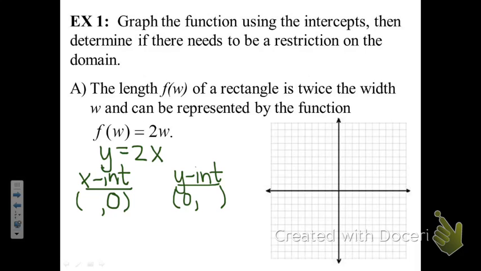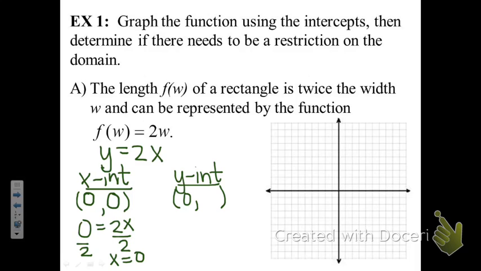So to start with the x-intercept, we're going to replace the y value with 0 and then solve this equation for x. To solve this equation, we divide by 2, and 0 divided by anything gives us 0. So we have x equals 0, and I'm going to replace that in my ordered pair here.